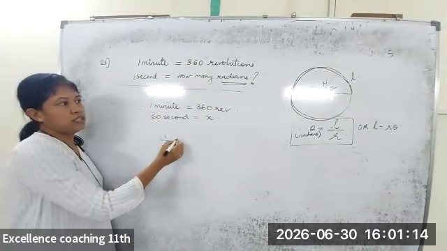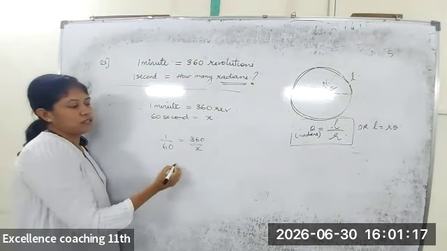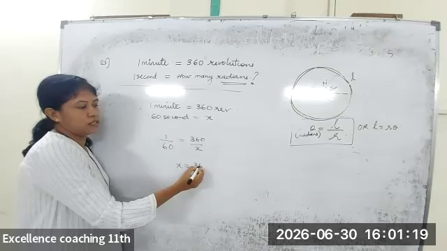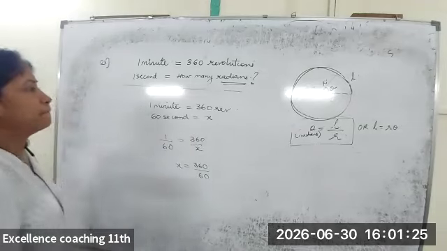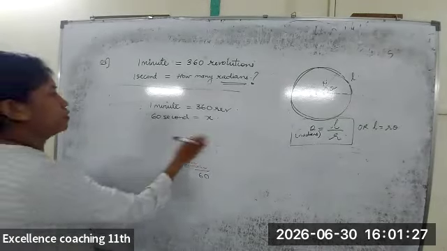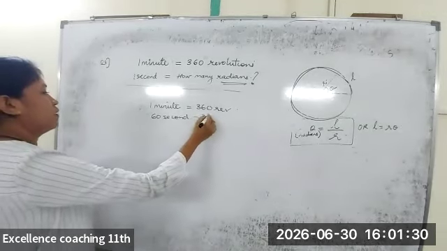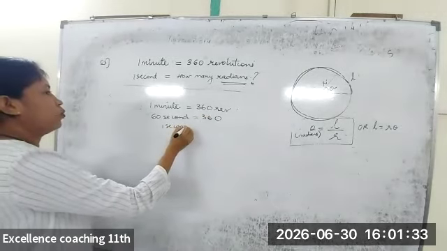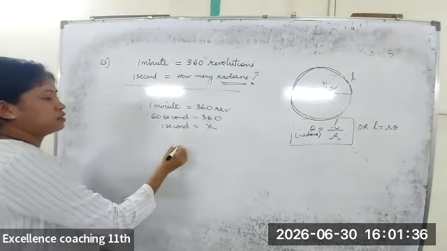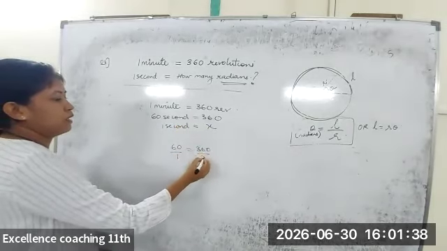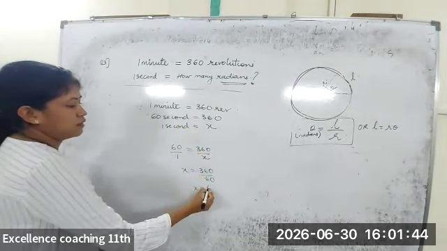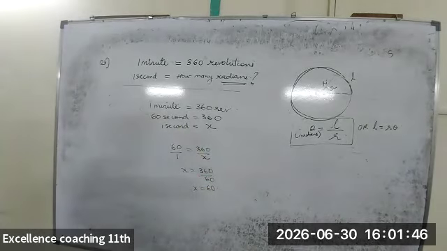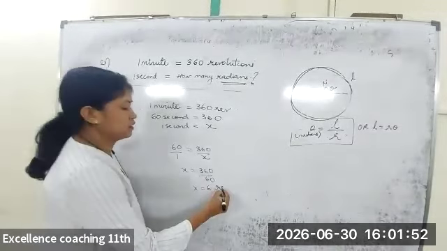So 1 upon 60, 360 upon x. So x will be 360 upon 60, which is 6. So 6 revolutions.